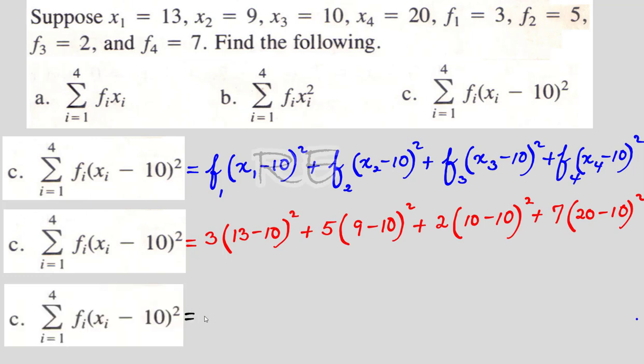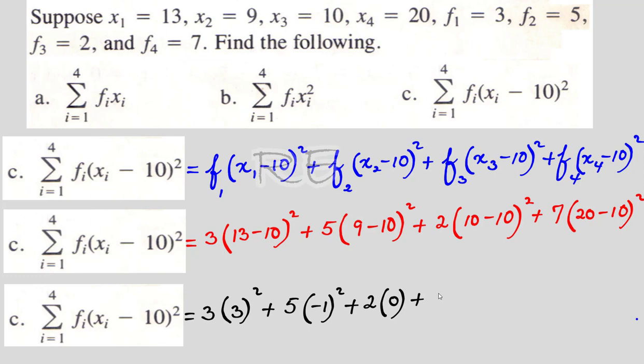Step: 3 times 13 minus 10, 3 squared, plus 5 times 9 minus 10, negative 1 squared, plus 2 times 10 minus 10, 0.